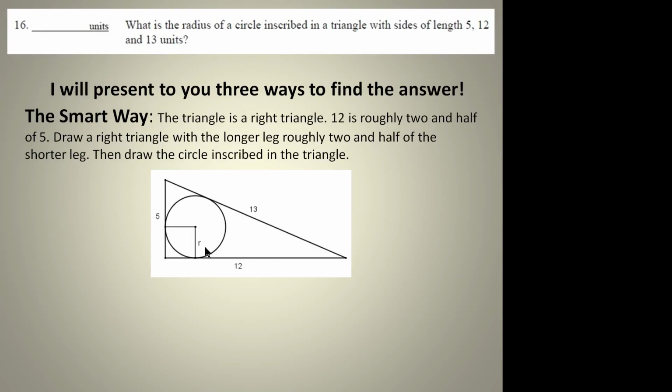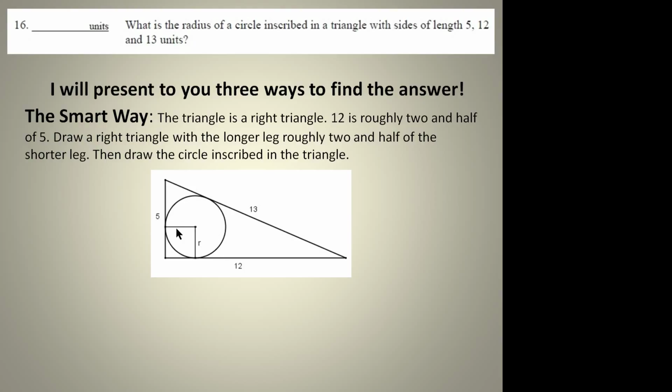Then draw the other side, and that will be a right triangle. Then you draw the circle inscribed inside, the biggest circle inside the right triangle.